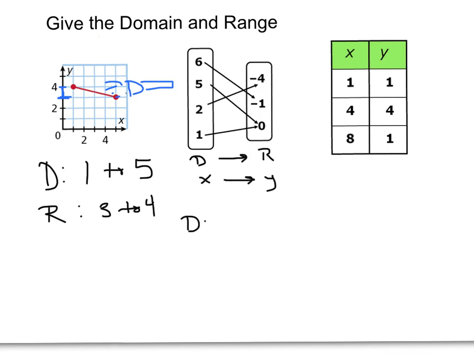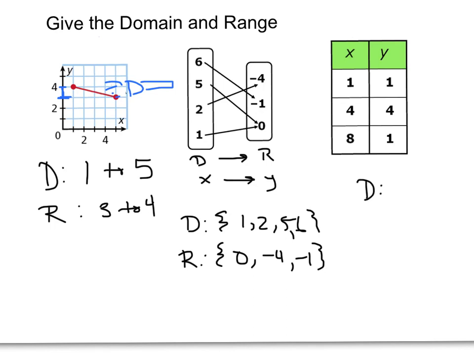So my domain is all my x's, so I can write those 1, 2, 5, and 6. And then my range, I can pick those off too, which is 0, -1, and -4. The same thing with this domain, which is my x's: I can pick off my x values, which are 1, 4, and 8. And then my range here, I have a 1 and a 1 again. I only write it once. And so 1, 4 would be my range.